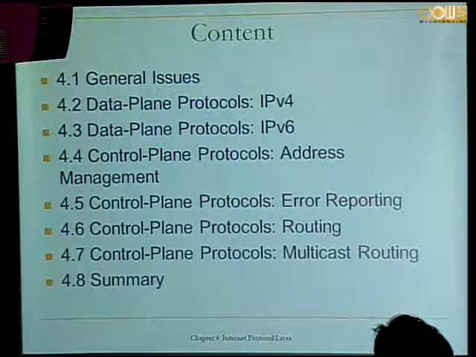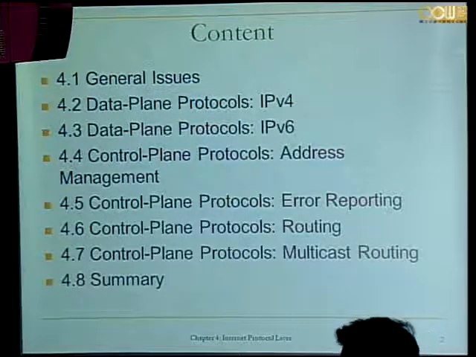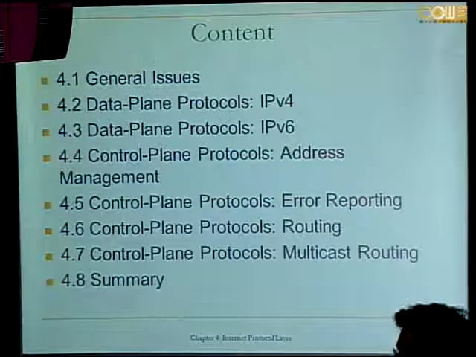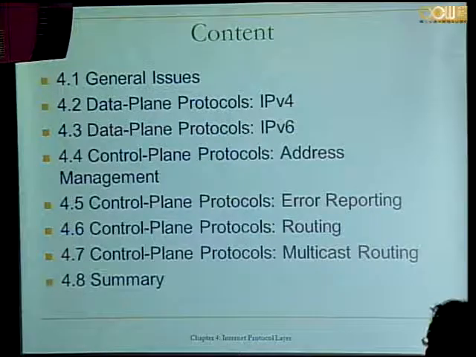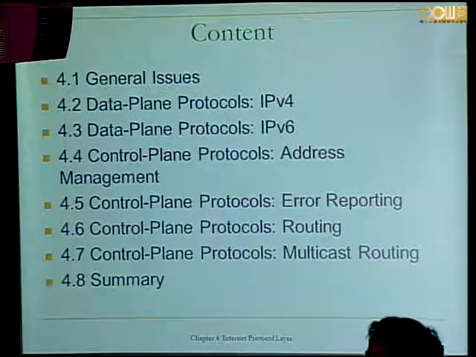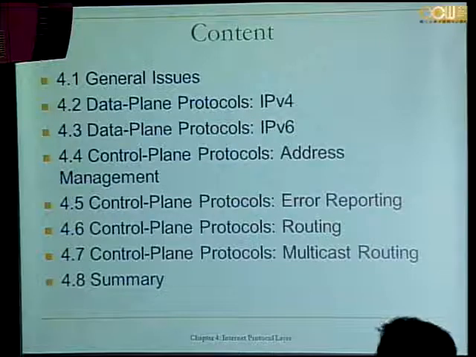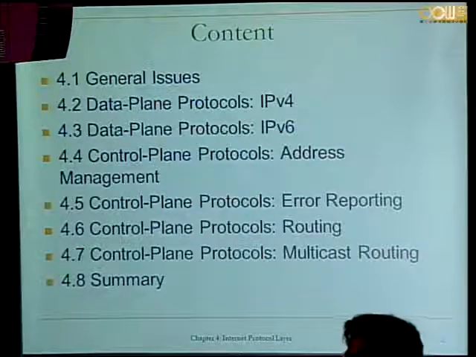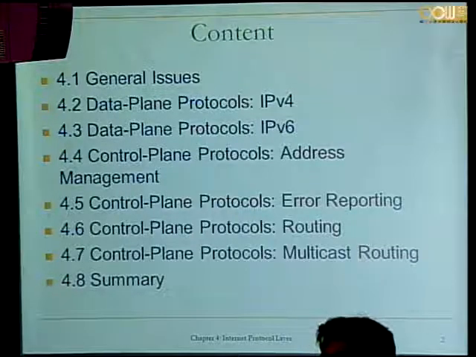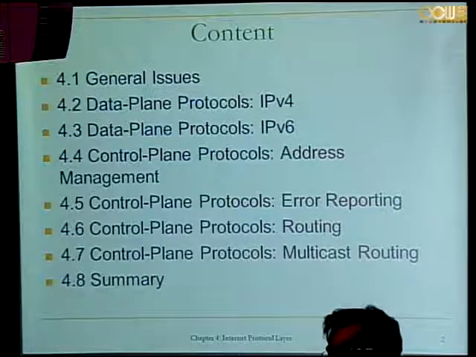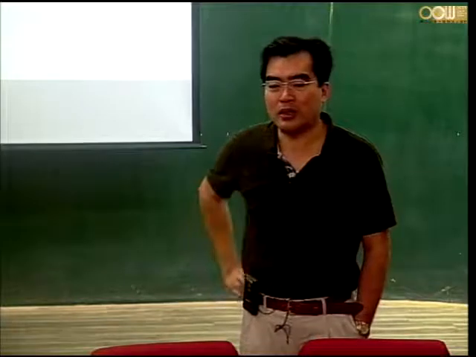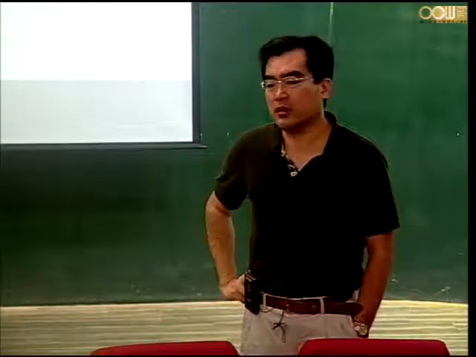And then the next two will be on routing. One is for unicast routing, which we didn't specify as unicast here. If we just say routing, it means unicast routing. And then there's another category for multicast routing, which expects the router to do multicasting.